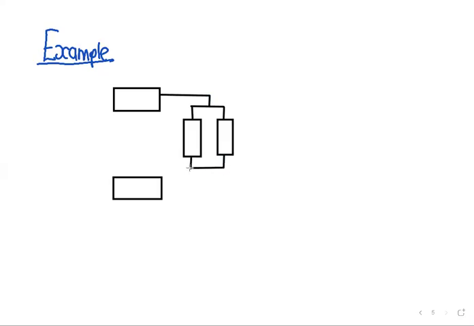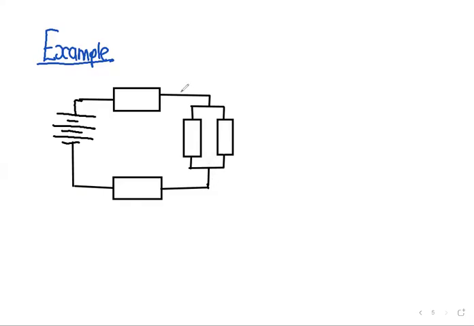So that is our parallel combination right there. Take note of how the circuit is being drawn. Then we're gonna have a battery on this side.